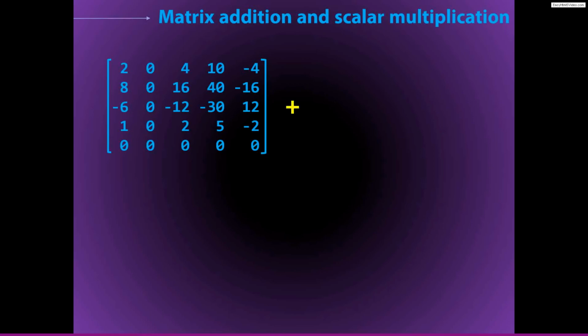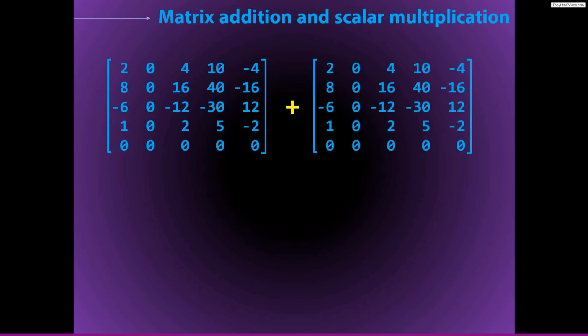Now the next thing I'd like to introduce you to is matrix addition and matrix scalar multiplication. This is also fairly straightforward. Matrix addition works the way you would expect it to work. If you have two matrices and you sum them together, the resulting matrix has the same size, the same number of rows and columns, and each element is just the summation of the corresponding elements in these two matrices.